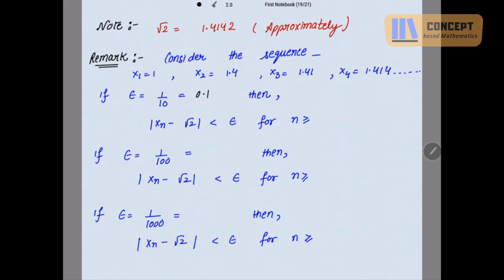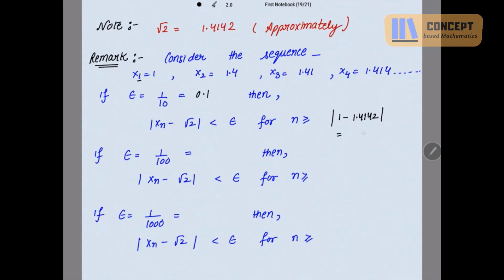What should be the value? Let's check. If I take n equal to 1 and check the difference, for n equal to 1 I have xn equal to x1. And what is the difference? Modulus of 1 minus root 2. Write the value of root 2 as 1.4142. What does this difference come out to be?